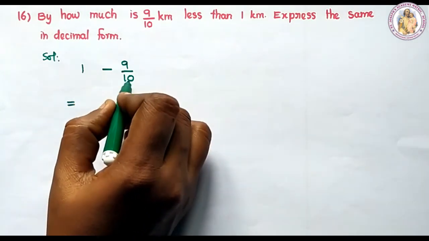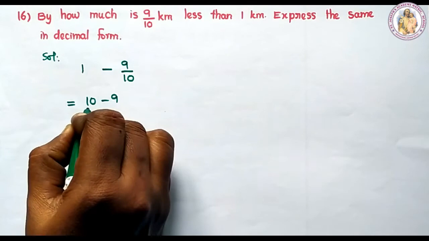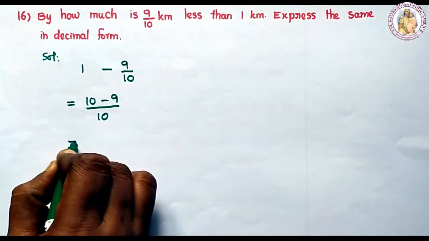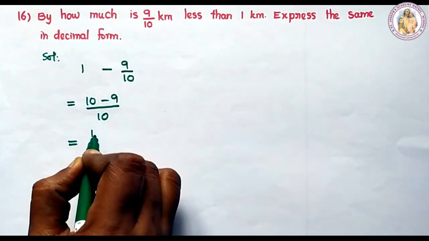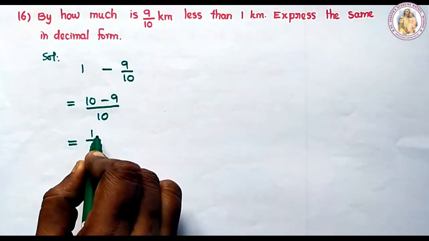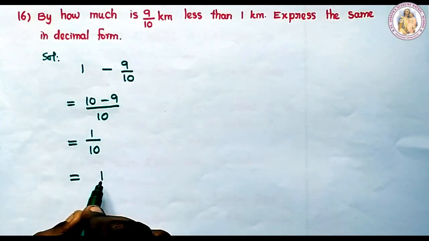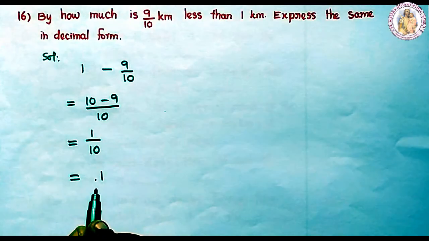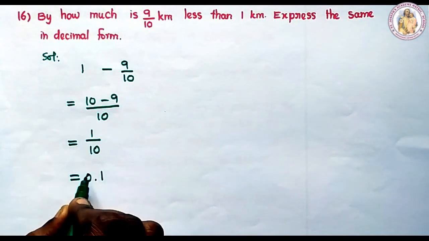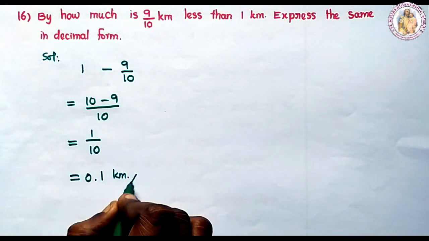So that is equal to 10 into 1, 10 minus 9 divided by 10. That is equal to 10 minus 9, 1. 1 by 10. Now write the numerator. Here denominator 10 is there. So one number before we have to keep the point, means 0.1 kilometer. That is the answer.